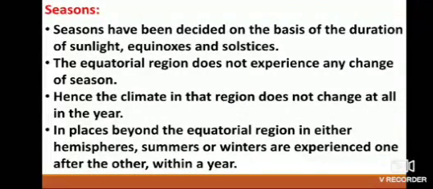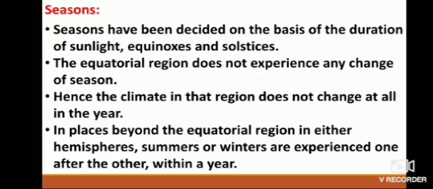Seasons. Seasons have been decided on the basis of the duration of sunlight, equinoxes, and solstices. The equatorial region does not experience any change of season. Hence, the climate in that region does not change at all in the year.